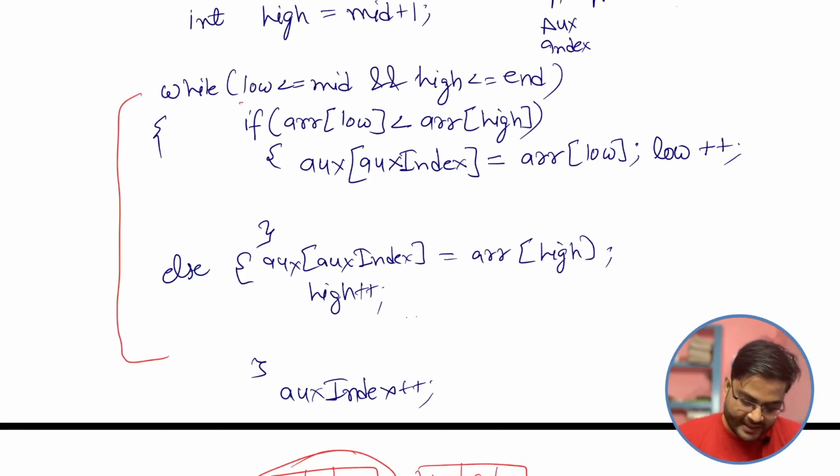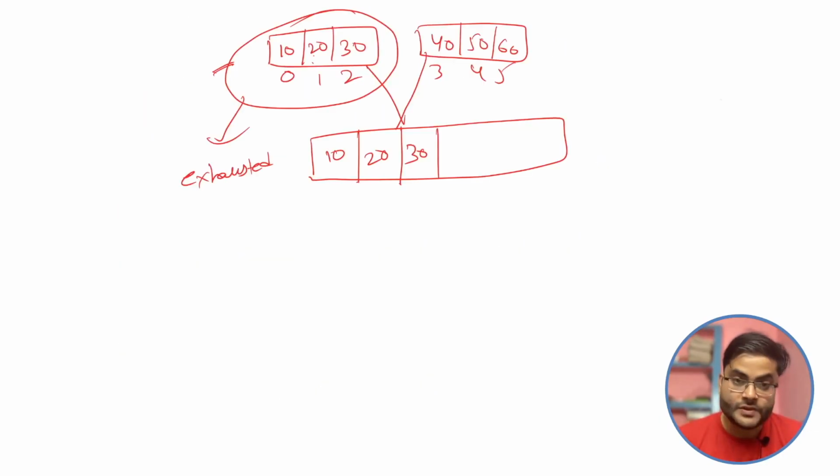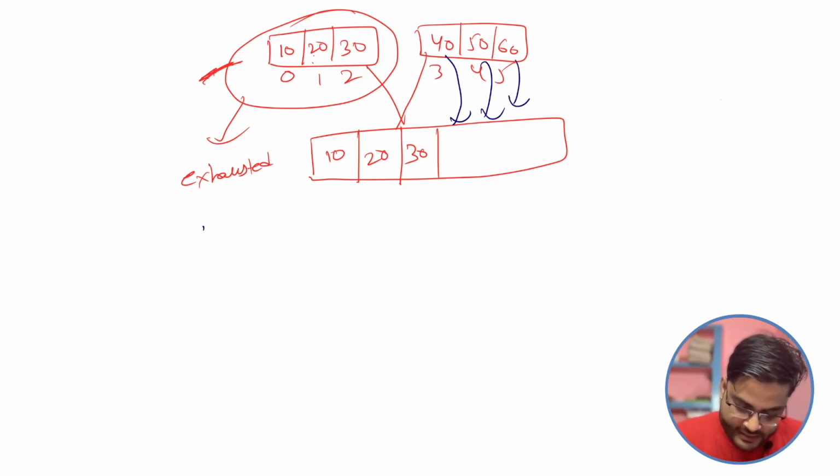If both arrays are not exhausted, only then will it run. So if one of the arrays is exhausted, we have to handle the case for the next subarray. How can we handle this? I need to put all the elements of my next subarray in my auxiliary array.